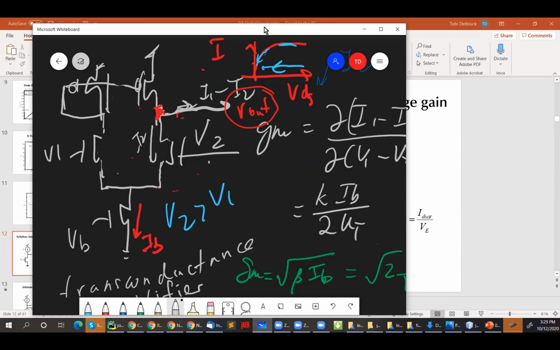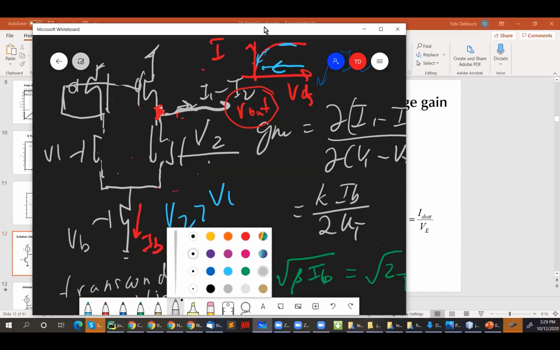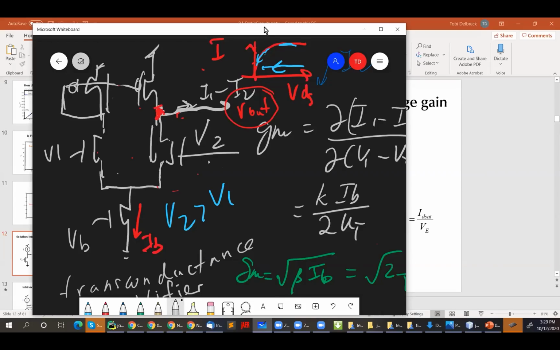So that means that instead of I2 now, this is IB. This is close to 0. So this current here is close to 0, which means that this current here is also close to 0, which means that your I1 minus I2 is now negative, which means that current's actually going this way.